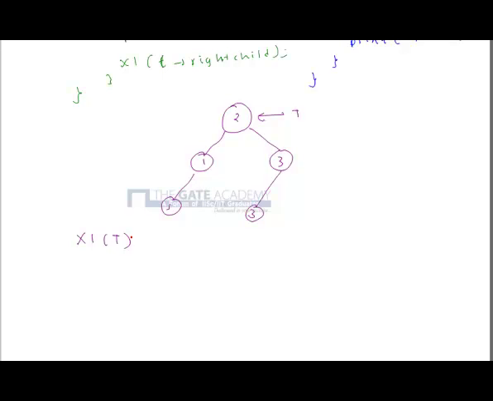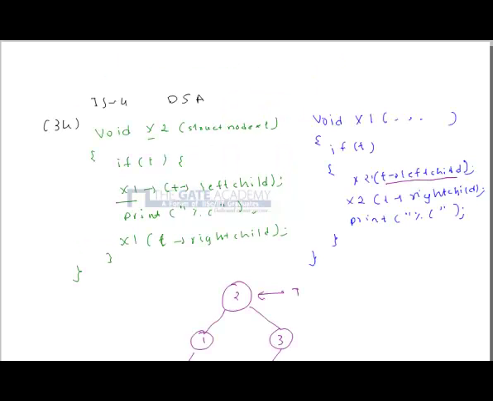Okay, so let's start with x1. In x1 we pass t. So first we'll go to its left child, that is 1, and we call x2 on it.